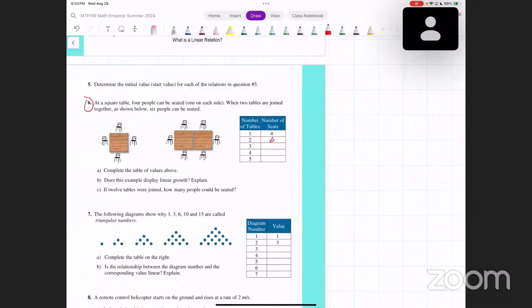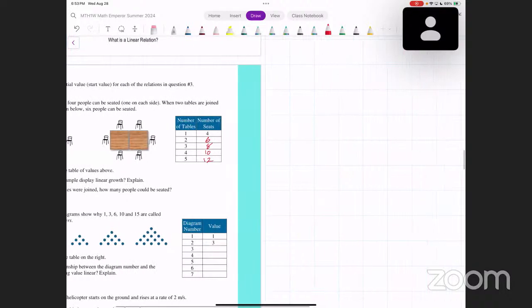What did you get, sir? 8. You got 8. All right. Then 4 is 10, and then 5 is 12. Right? The number of seats is going up by 2. If I get the first difference, let's do that again. If I get the first difference, did I get the same number?